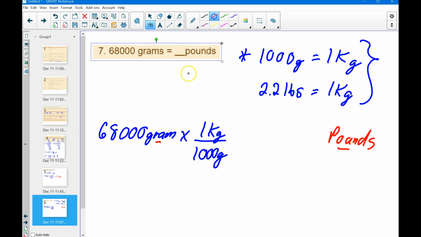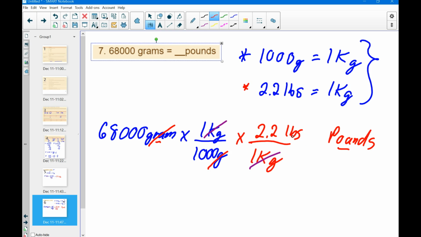And you'll notice grams are gone, but not the pounds yet. To get to pounds, I need to get rid of the kilogram. So what I do then is take the second one right here, multiply by 2.2, divided by 1 kg. And you'll notice that kilograms are gone, and the answer is left in pounds.